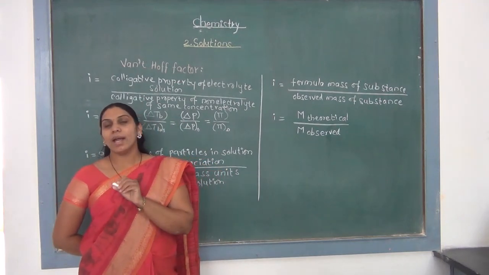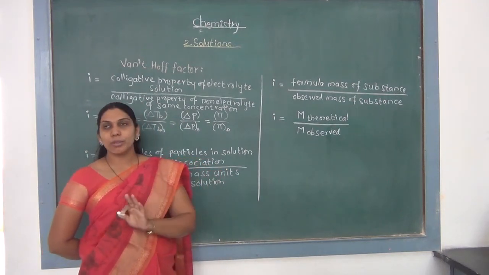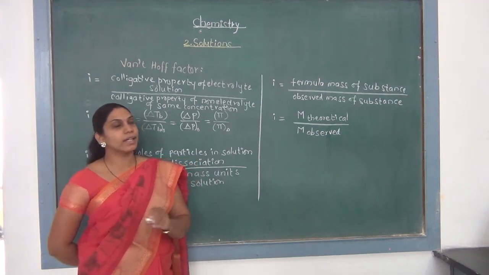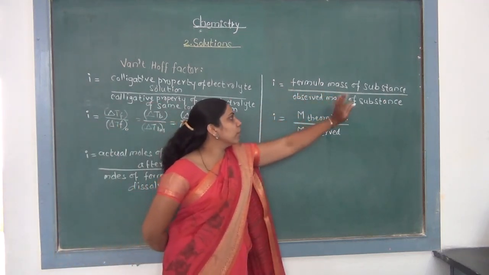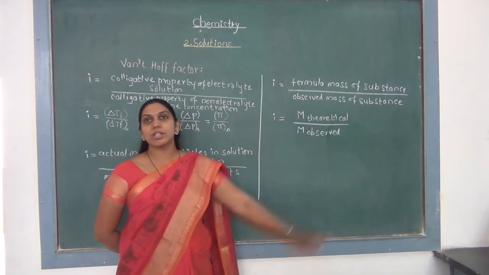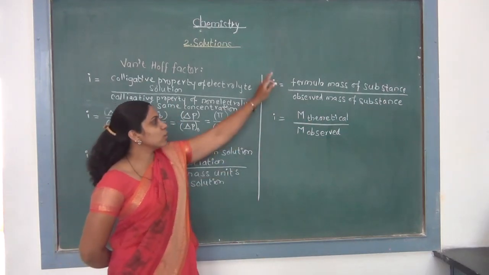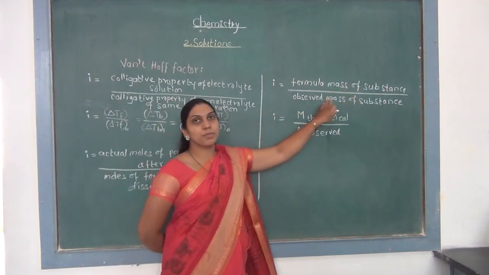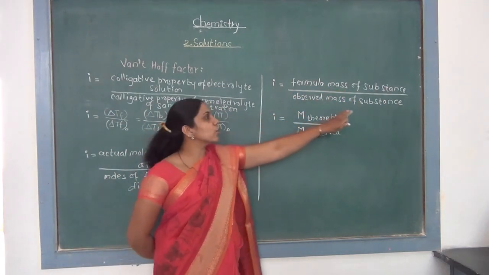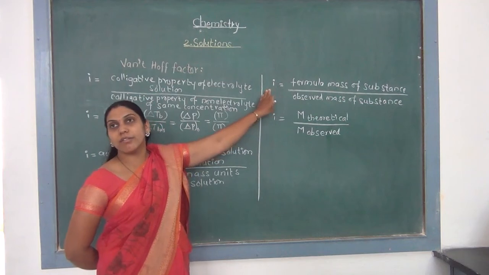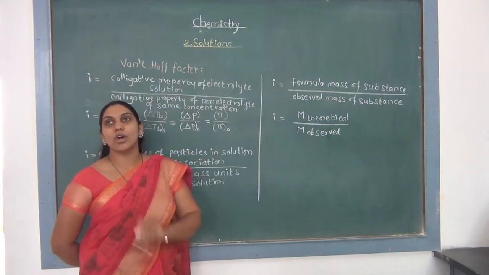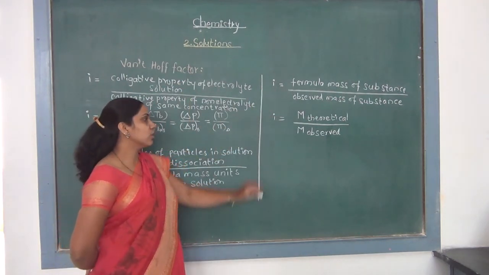Supposing you have calculated the formula mass of substance using colligative property, and the observed mass of substance is already given in the experiment. The ratio of the two will also give the value of Van't Hoff factor of that particular solution.